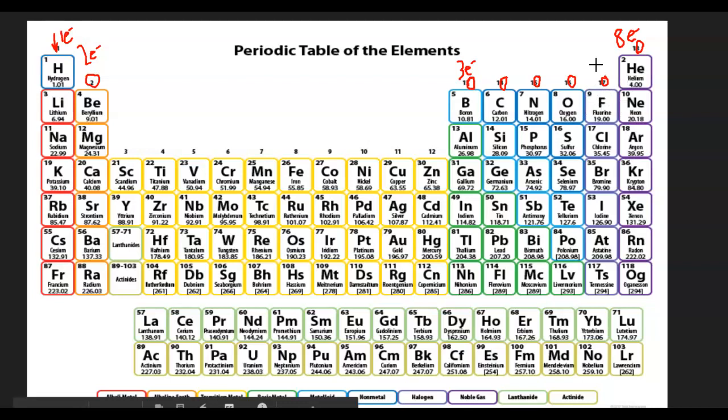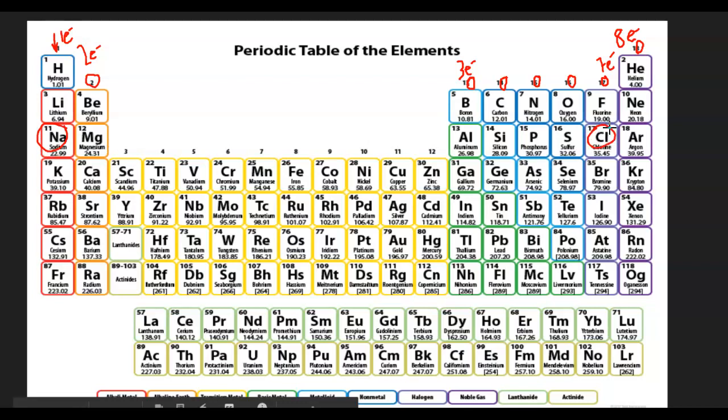So if you have this guy who has 7 electrons in its outer shell, anybody in this column is probably going to react quite well with a guy over here who has 1 electron, because 1 plus 7 equals 8, so you'll make happy compounds. One of the most common ones we see is sodium chloride, which is salt.